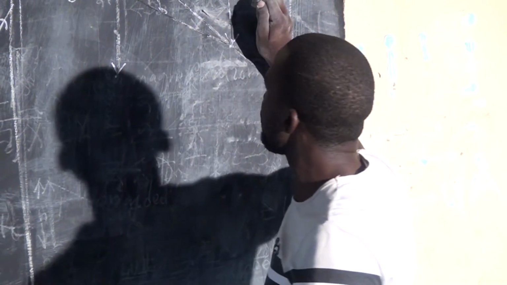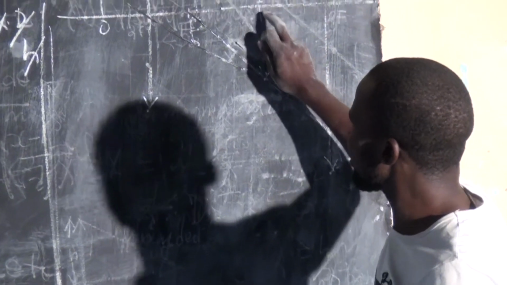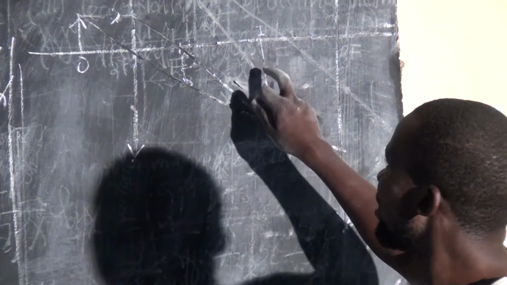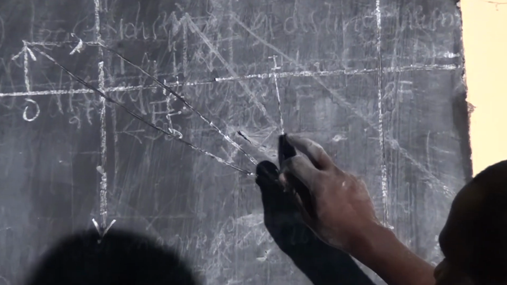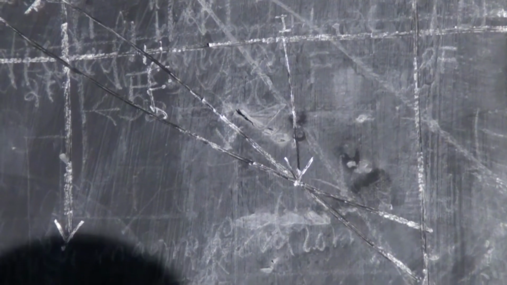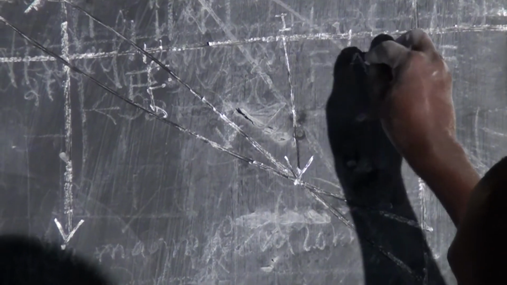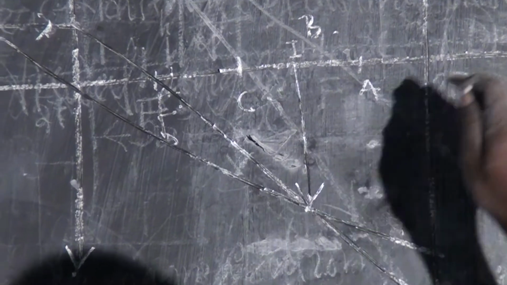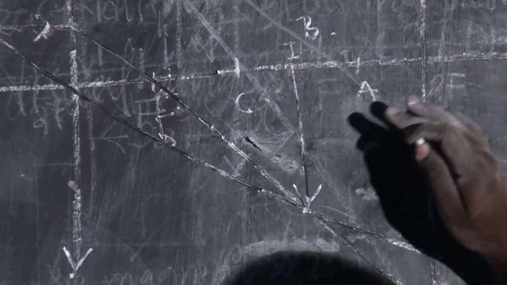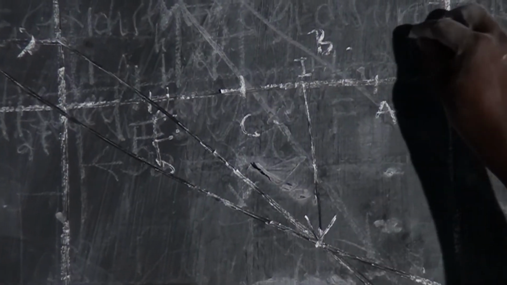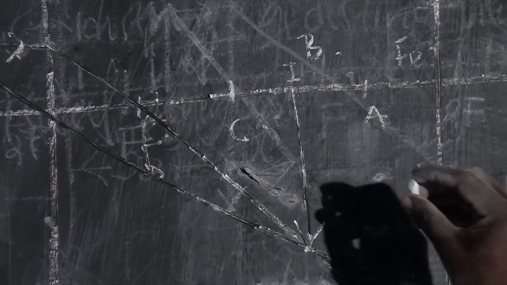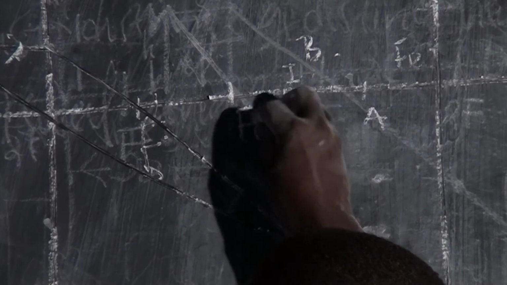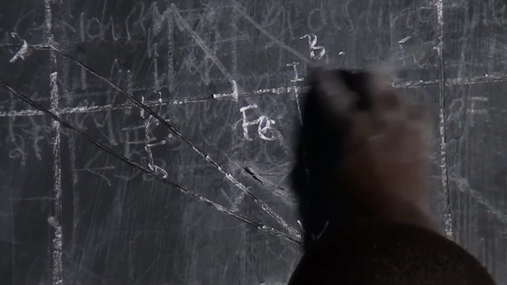So we shall ask students, because this is where we put the mark. Do students know where this object must be? If I put here point A and then point B and then point C, where exactly will I put my Fe? I'm supposed to put the Fe at C. Why?